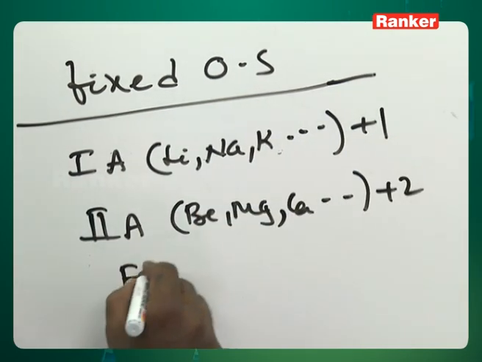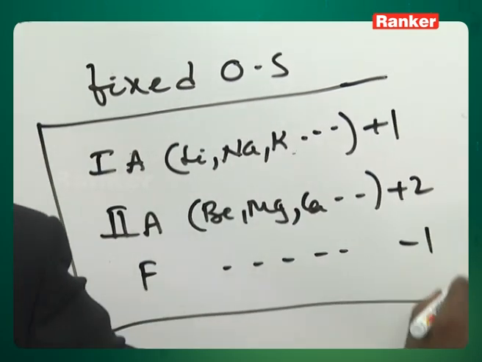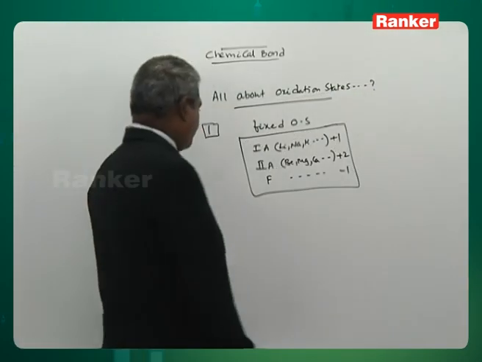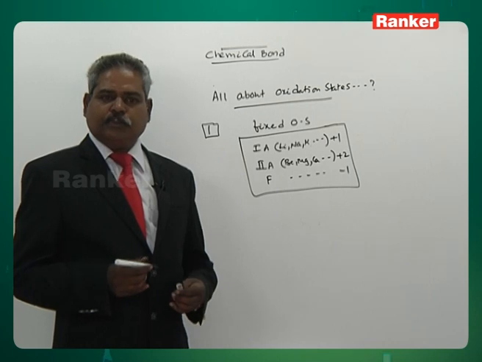And fluorine always minus 1. That's all. And of course, there are 1 or 2 others like aluminium always plus 3, zinc always plus 2.